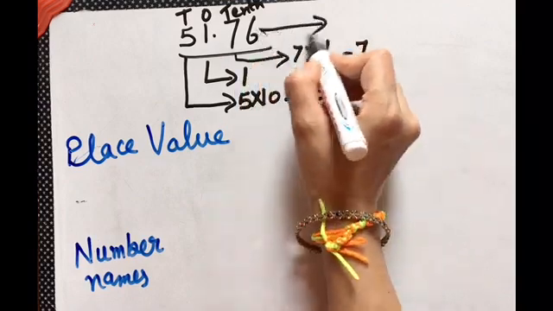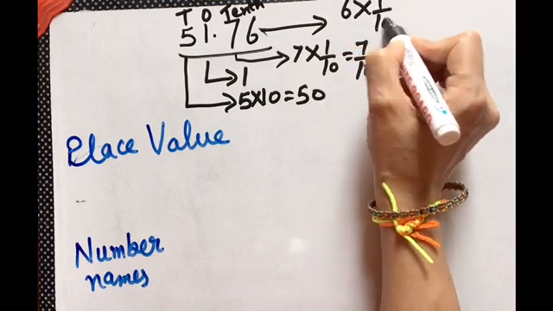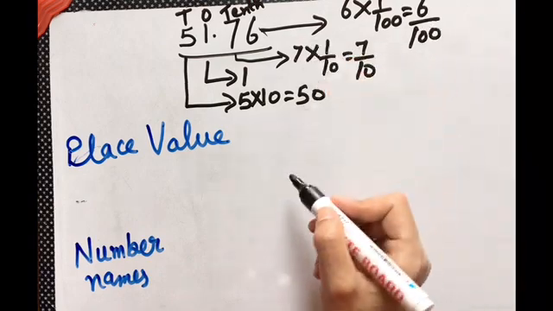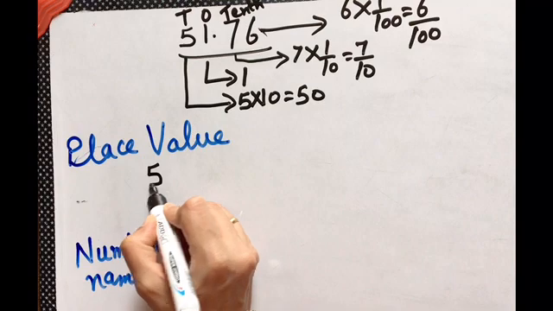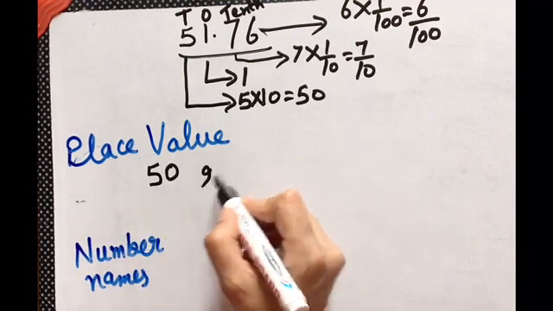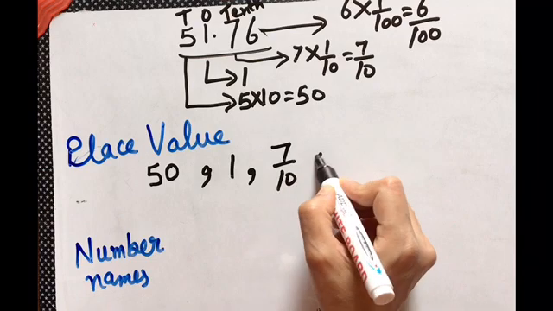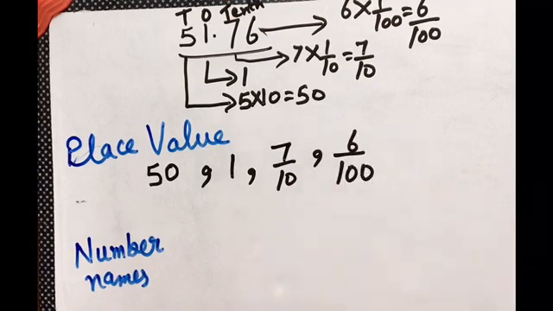And the place value of 6 is 6 multiplied by 1 by 100, which is equal to 6 by 100. So these are the place values of the different digits. So it's 50, then 1, then 7 upon 10, then 6 upon 100.